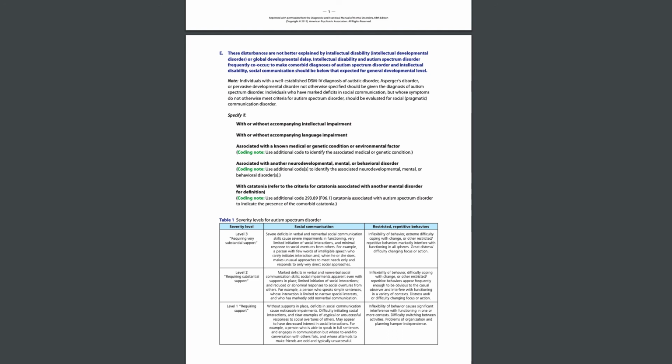All right, finally, this note. People that have DSM-4 diagnoses of autistic disorder, Asperger's disorder, or pervasive developmental disorder not otherwise specified should be given the diagnosis of autism spectrum disorder. And people who have marked deficits in social communication, but the symptoms don't otherwise meet the criteria, should be evaluated for social pragmatic communication disorder.